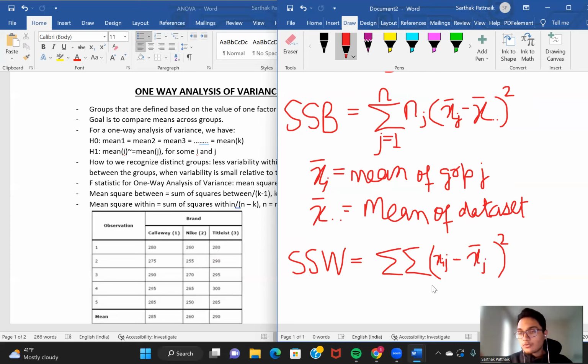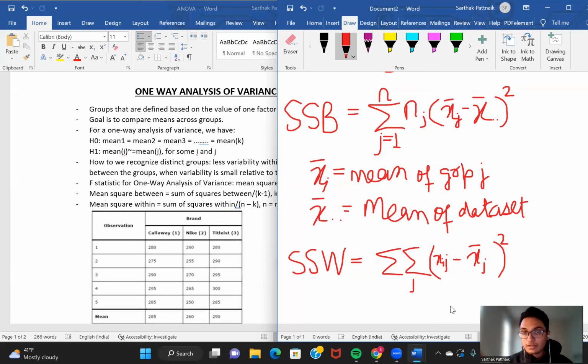So there is a double sum over here because for each group, you need to calculate the difference between the point and the group mean, square them and add them, and you need to do that for all the subsequent groups. Please try and understand this point.